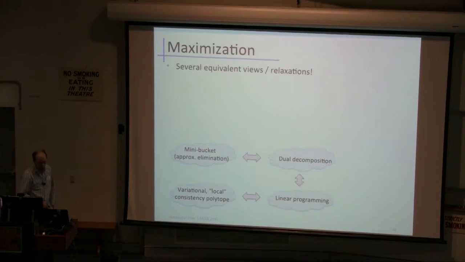Okay, so this just shows several equivalent views of the same maximization relaxation. Right? We have mini bucket, which corresponds to variable elimination, but taking approximate steps where we've relaxed the configurations of variables that were being eliminated. This is closely connected to dual decomposition.